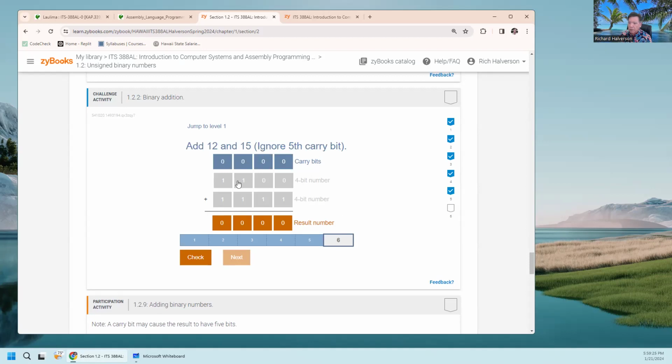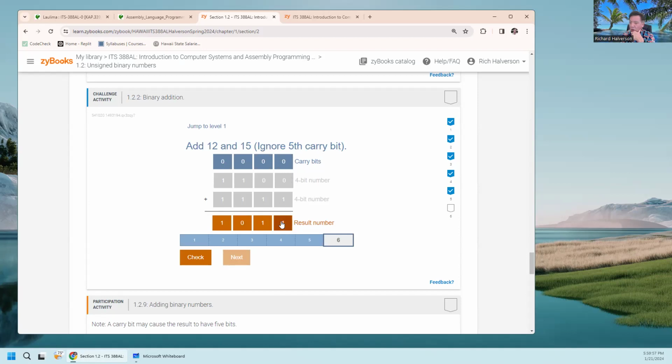The last one is 12 plus 15, which is going to end up being 11, which is 1 0 1 1. That's what the final answer is.